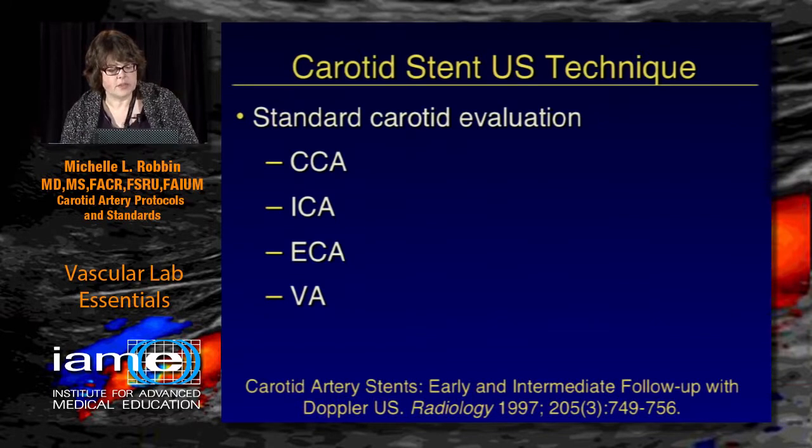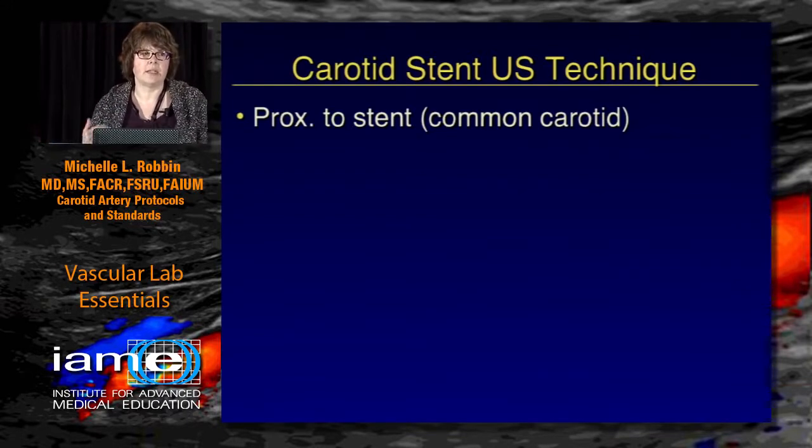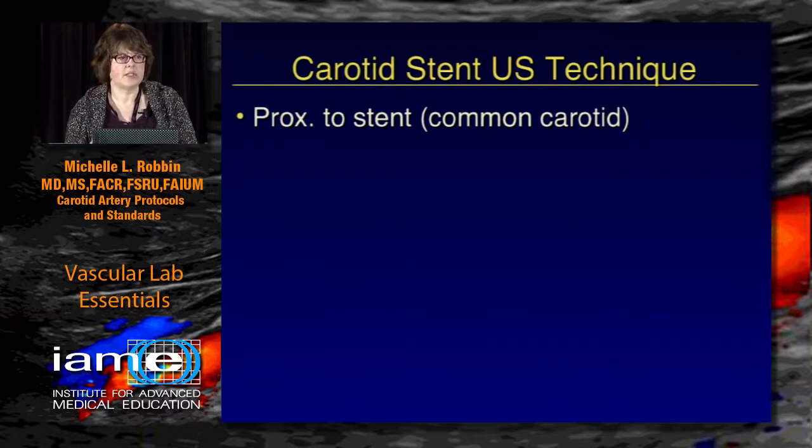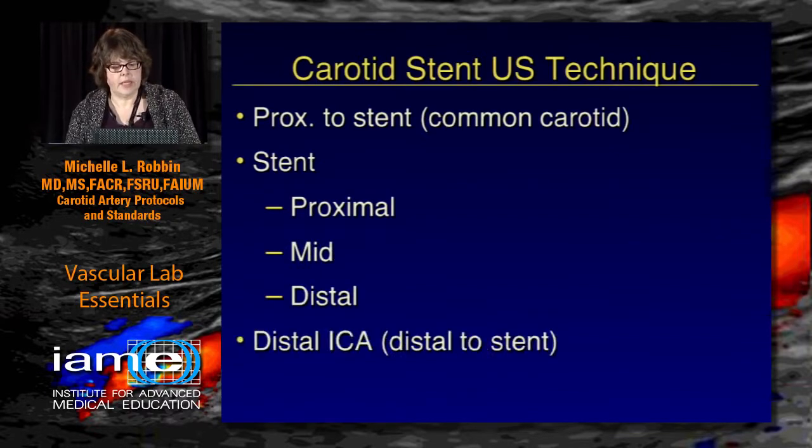But then you also should look proximal to the stent, which is typically now in the common carotid artery, because we're going to be looking for ratios and peak systolic velocities within the stent and at places where that stent changes diameter. So in the stent, we look proximal, mid, and distal. And then distal to the stent, because that is an occasional spot where the stent can collapse. And so we look at all of these places.